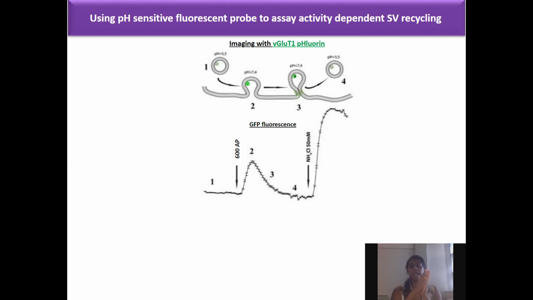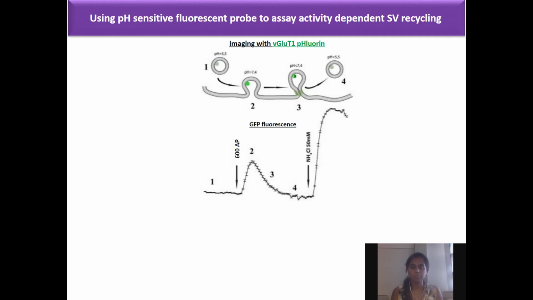This is followed by a gradual decrease in fluorescence when endocytosis, or retrieval of the membrane, occurs. Finally, we flood the system with an alkaline ammonium chloride solution, which reveals the entire synaptic vesicle pool. So we can determine the percentage of synaptic vesicles released as a consequence of the electrical stimulus.